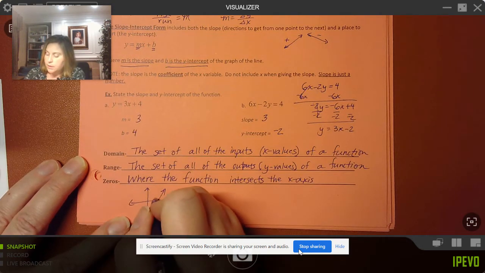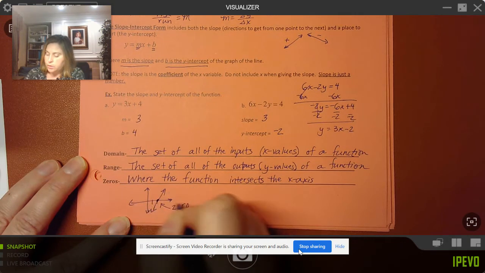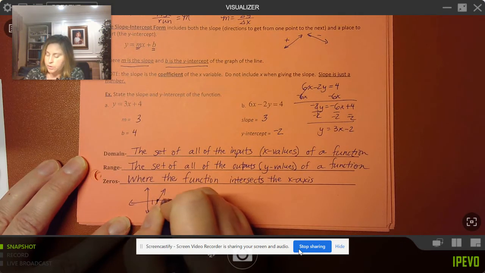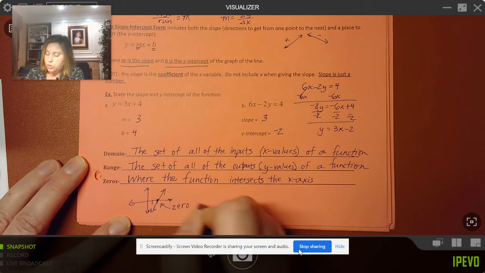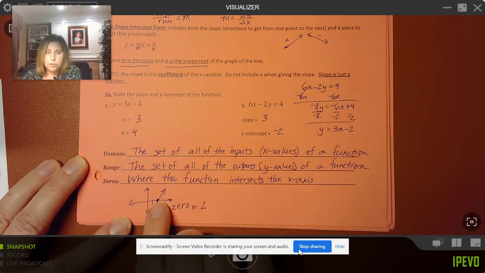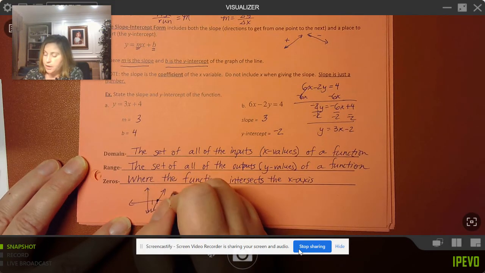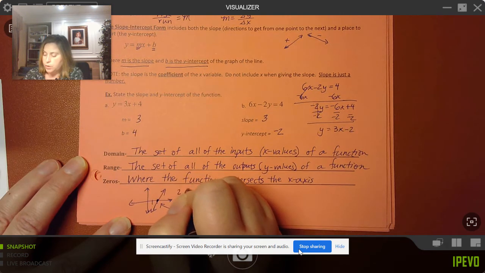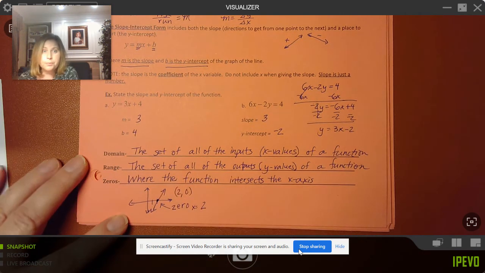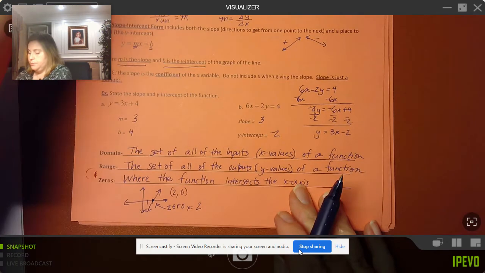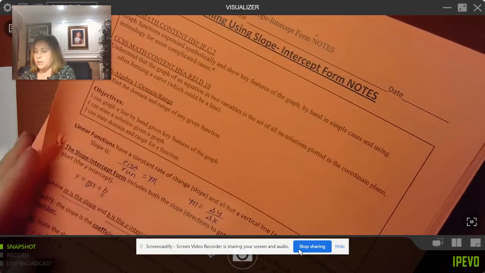So let's say this point is 2, 0. So our zero would be 2, because our line goes through the x-axis at 2, which means our y value is 0. If we wrote it as an ordered pair, it would be written as 2, 0. All right, let's go on to the next page.